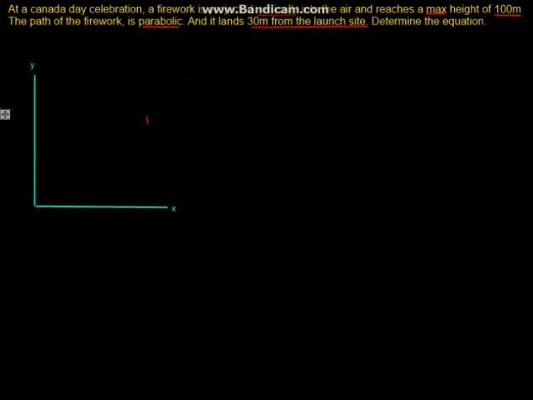Now let me try drawing a parabola. Excuse my drawing. It starts at 0, reaches the maximum height and ends here. This is x. So here's our badly drawn parabola.